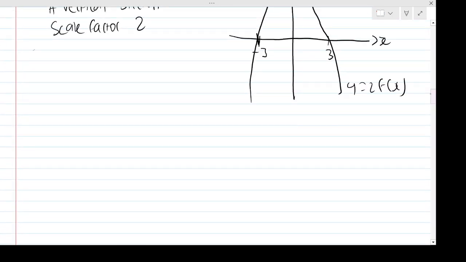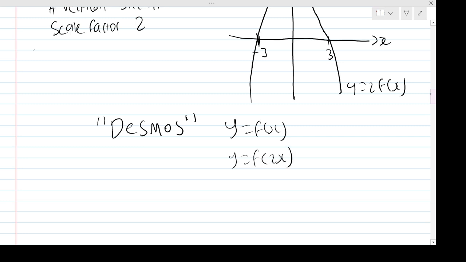Also, it is helpful if you are to do more of these graph sketchings. Online, there's a website called Desmos where you can plot in any graph and it will show you the graph. Why that's helpful here is you can visualize different graphs and see exactly how they change, because you can plot, say, y is f of x, then on a separate one, y is f of 2x, and then you can see exactly what happens with the transformations.